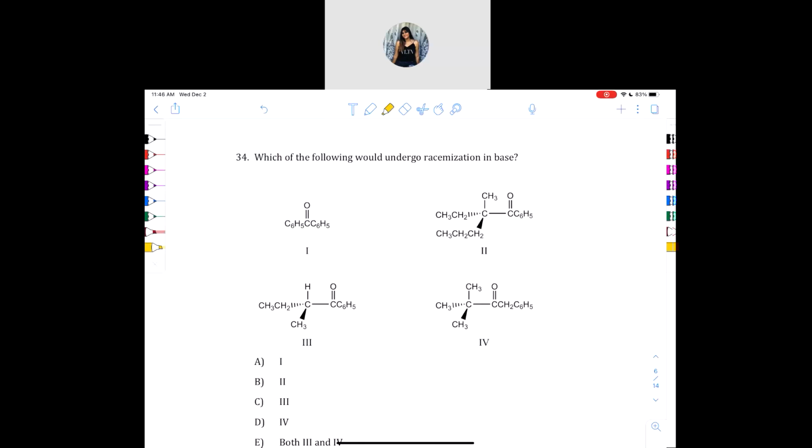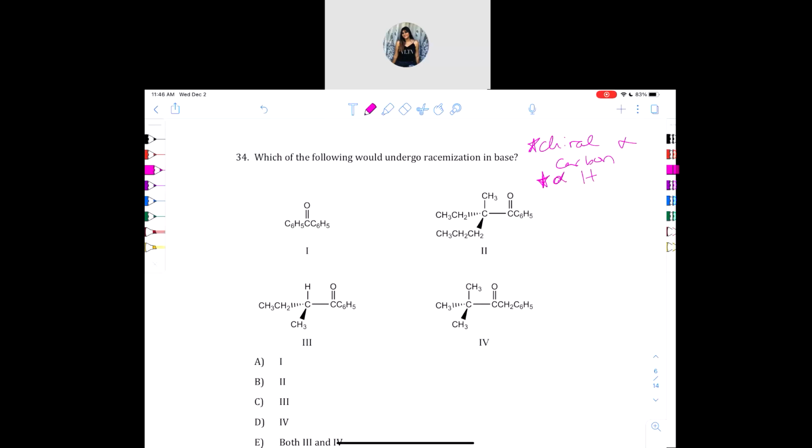Yes, we need a chiral alpha carbon, and we do need an alpha hydrogen to be present there. Exactly. So we want a chiral alpha carbon and an alpha hydrogen.